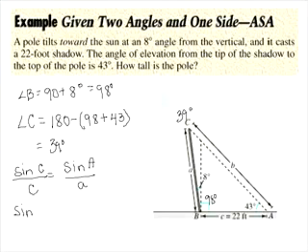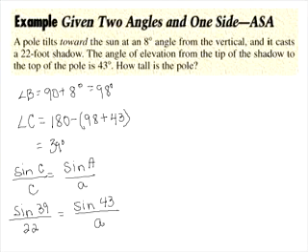For the sine of C, we're going to have the sine of 39 divided by little c, or side C, which is 22, will equal the sine of angle A, or 43 degrees, over A. And A, of course, is what we're solving for. I'm going to erase our picture to make a little more room. When we cross multiply here, we're going to get A times the sine of 39 equals 22 times the sine of 43.